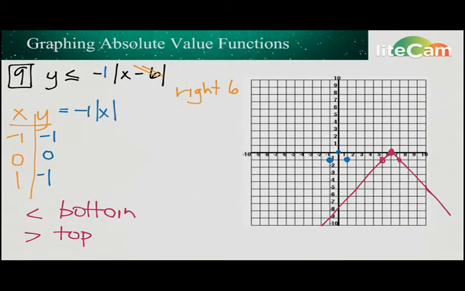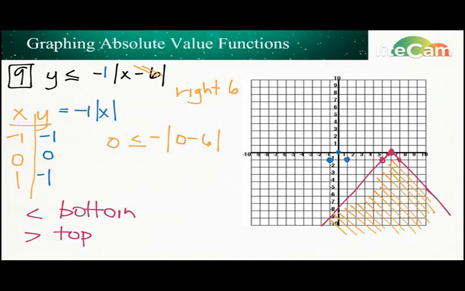But the bottom for a graph that has been flipped upside down like this, or called reflected across the x-axis, the bottom's going to be right here. Okay, and we can check that by plugging in 0, 0 like we've done before. 0 is less than negative absolute value of 0 minus 6.